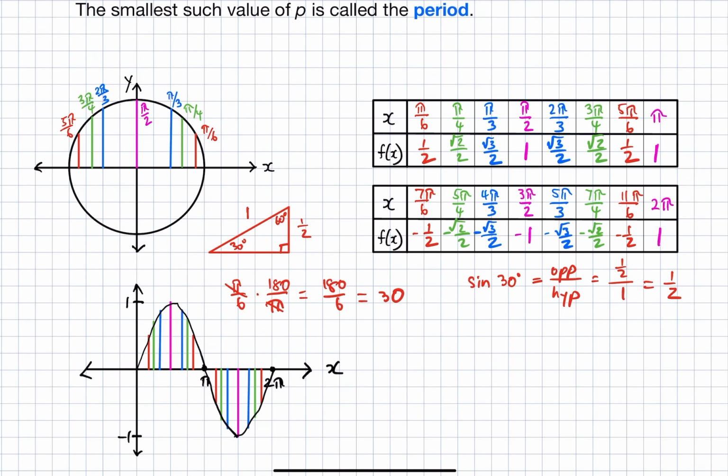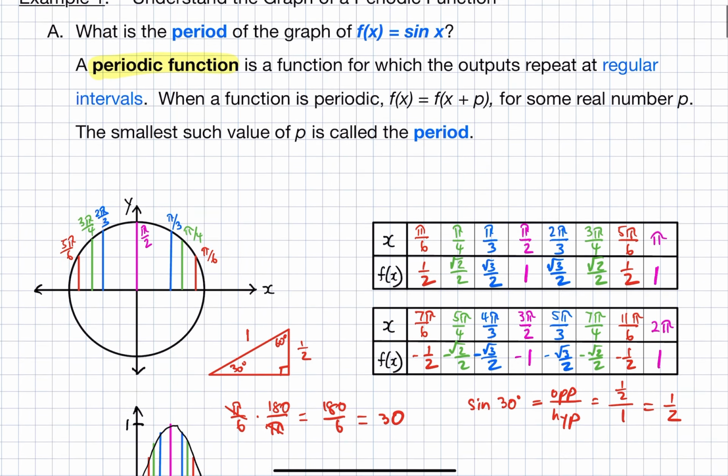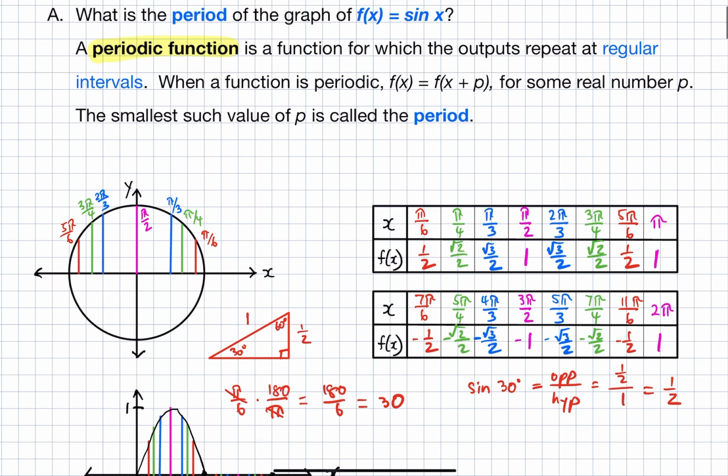It's called 2 pi because it takes us to 2 pi on the x-axis before we complete another rotation, okay? So we would say that the period is 2 pi, and this is considered a periodic function because it is a function that has a period.